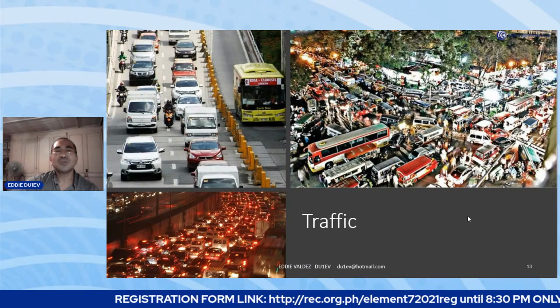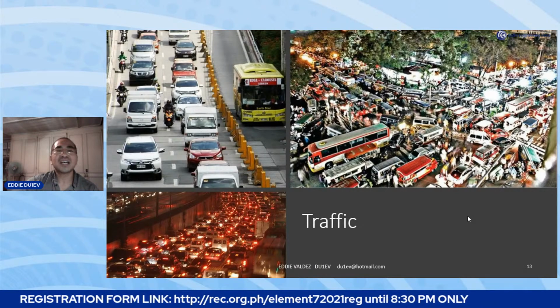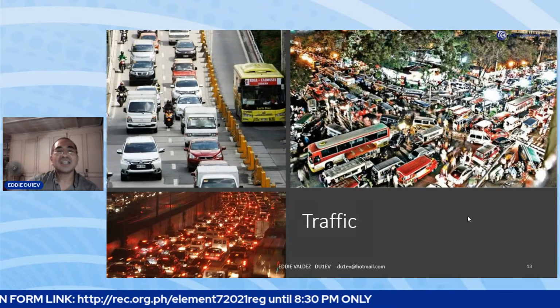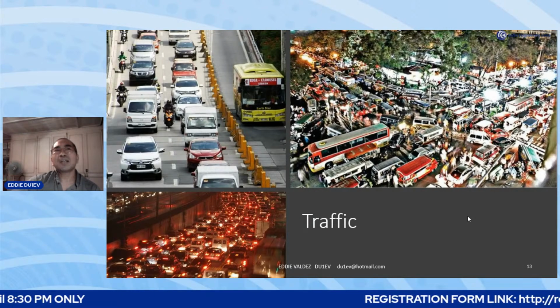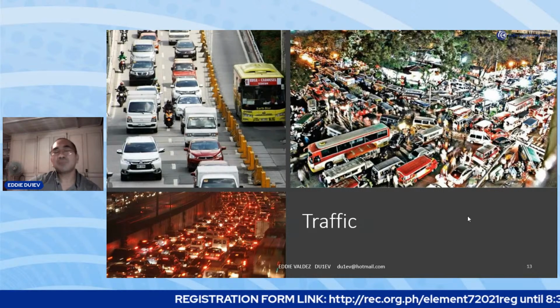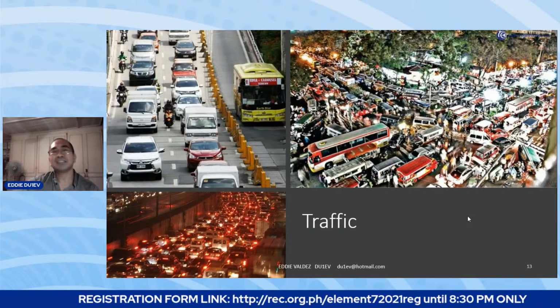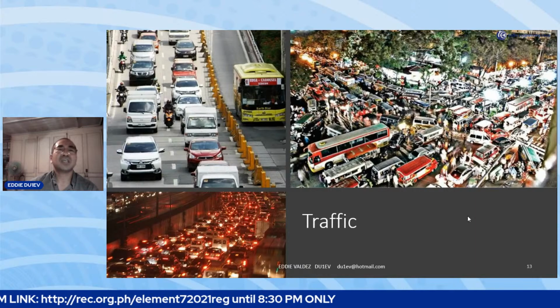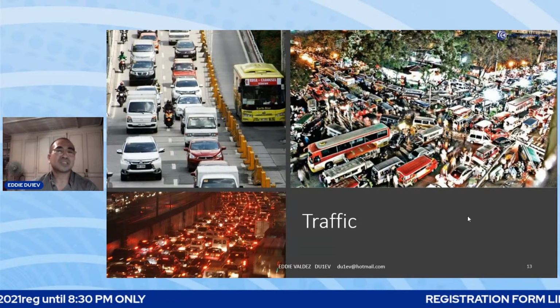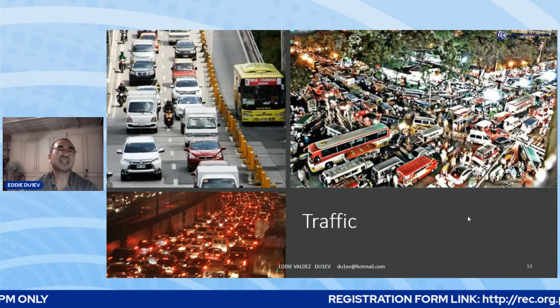Kung bus ka, doon ka sa bus lane. Kung kotse ka, doon ka sa lane ng mga kotse. Kung class Charlie ka, saan ka pwedeng mag-transmit? Diba? Pwede ka sa VHF, sa UHF, 10 meters, 15 meters, tsaka 40 meters. So, yun yung lane mo.